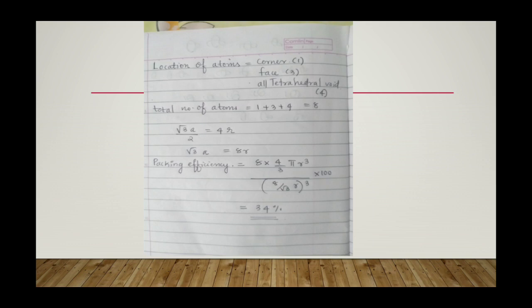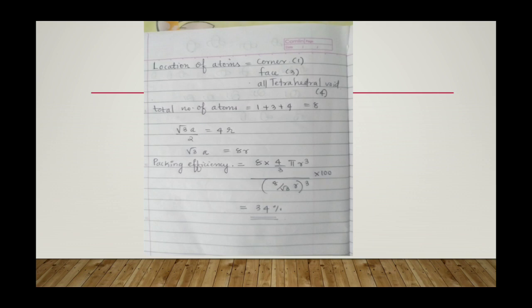Root 3a by 2 equals 4r, so root 3a equals 8r. Then we calculate the packing efficiency. Packing efficiency equals 8 into 4 by 3 pi r cube divided by (8 by root 3 r) whole cube into 100. Then we get 34%. This is because we say that a diamond cube is almost empty, because 34% is the packing efficiency.